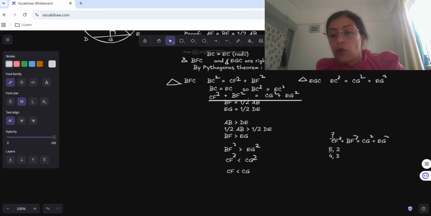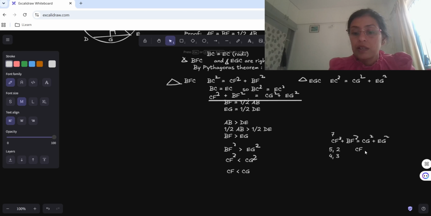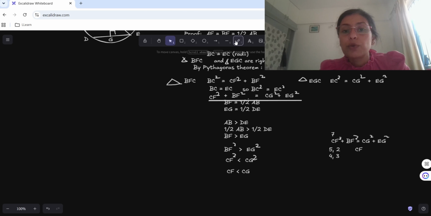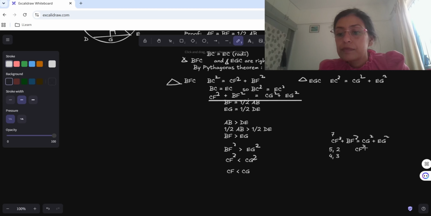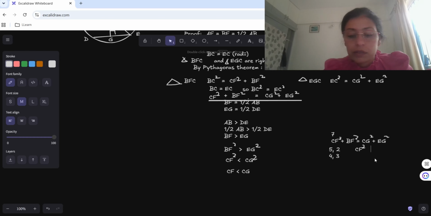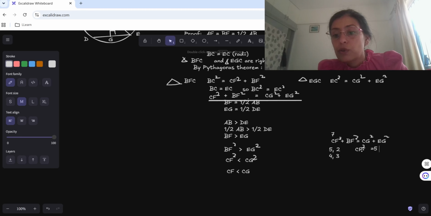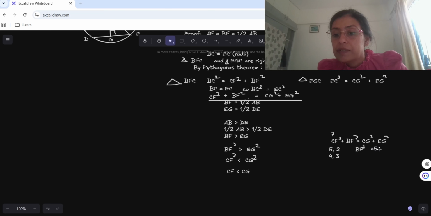Now, if I'm saying that CF square is equal to 5, right? And no, not CF square, basically BF square is equal to 5. And I'm saying that BF is greater than EG. This we have already proved, right?